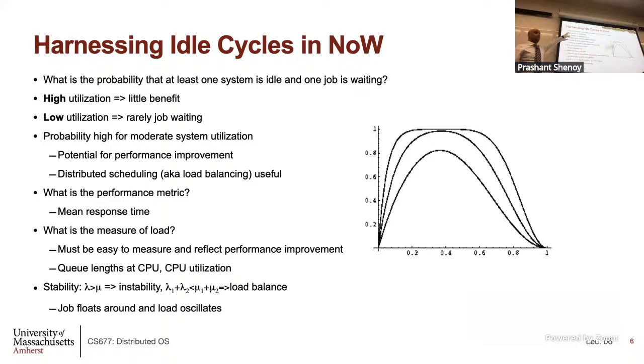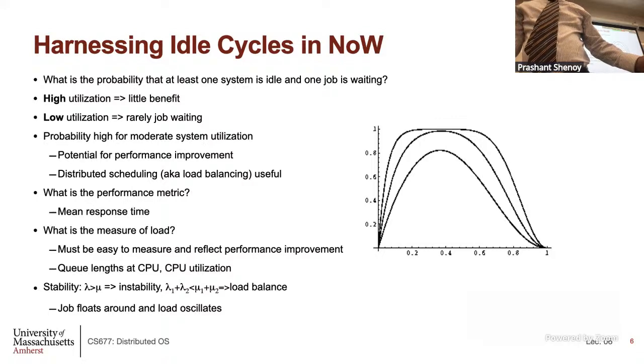What is the probability that there is at least one system or one machine idle, and there's one job that's waiting, which means that it needs some machine to run? What's the probability that both of those things are true at the same time? That there's an idle machine in the network and there is a waiting job in the network. Is the question clear?